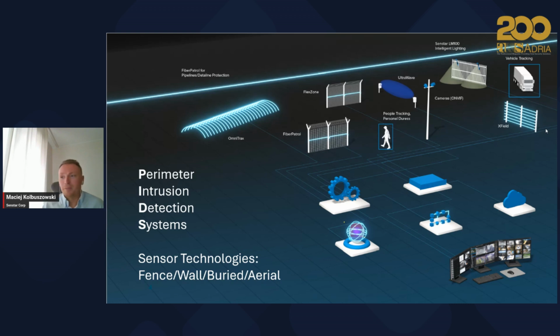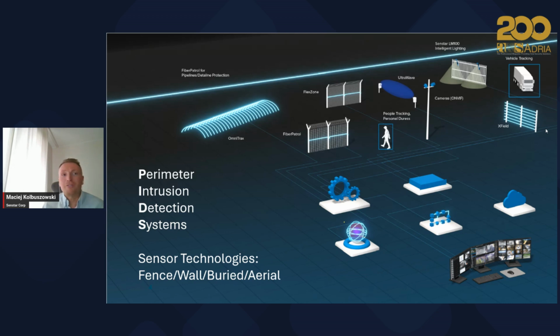your pipeline, your gas pipes, your data fiber optic backbones for data centers. We have non-fiber optic systems for fences. We have volumetric sensors for very accurate detection of trespassers and cars in various environments. We have intelligent lighting for the fence that incorporates some sensors.